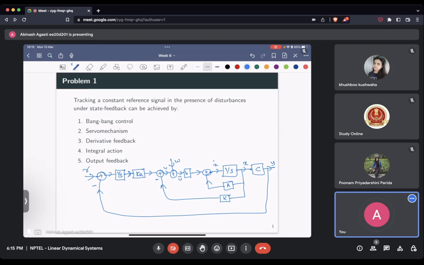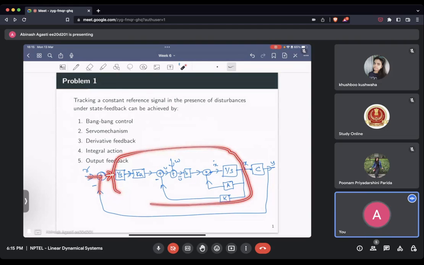Okay, so this is what we have. This is my reference input, which I am taking an error with the output that I am obtaining. Why? Because I want my output to track some reference input. So I'll feed that error as the input to this overall system. Now what is happening?